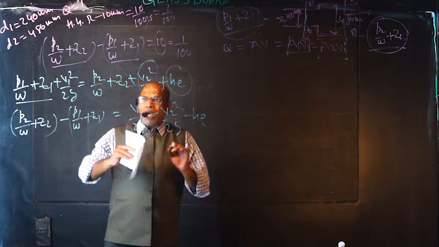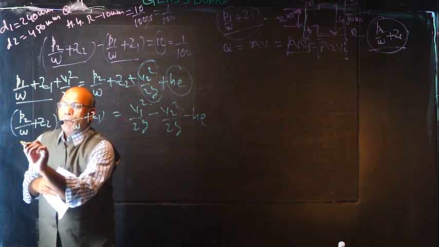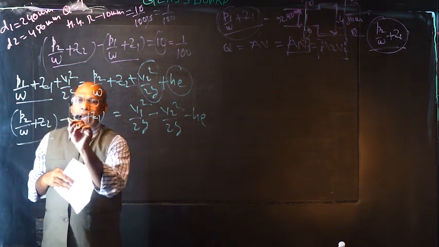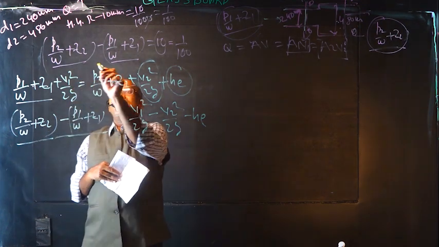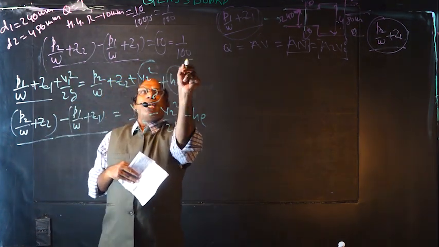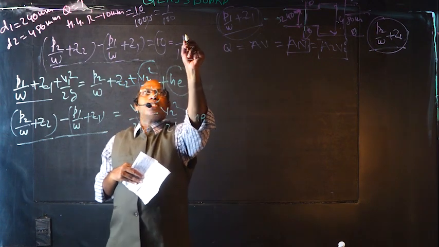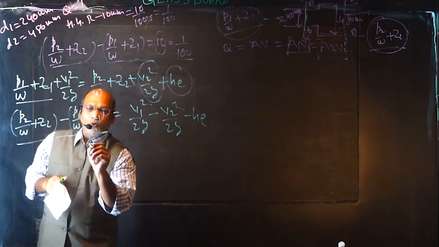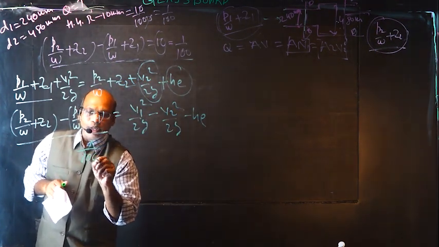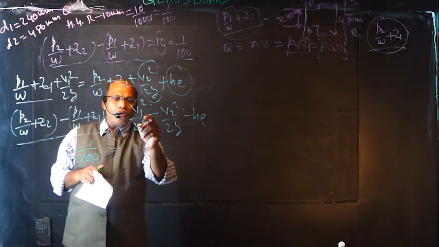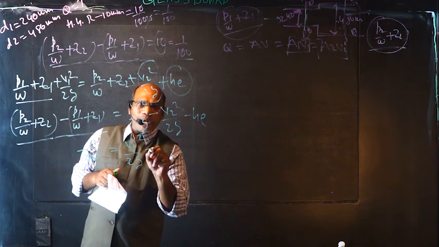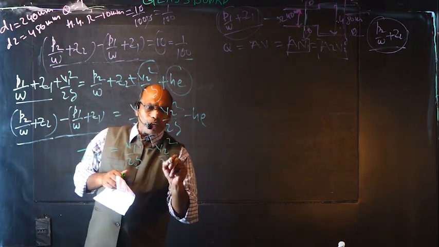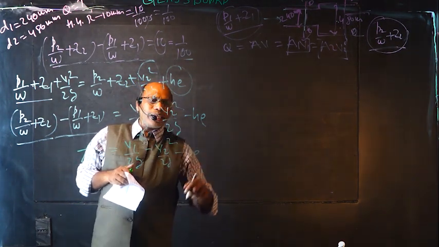Now P2 by W plus Z2 minus P1 by W plus Z1, as already derived from the hydraulic gradient line, is equal to 1 by 100. So 1 by 100 is equal to V1 square by 2G minus V2 square by 2G minus HE.